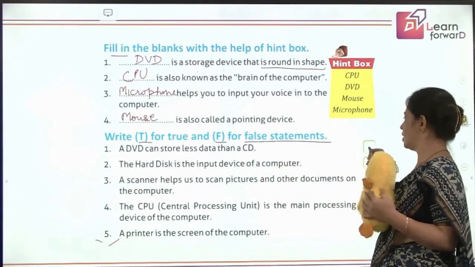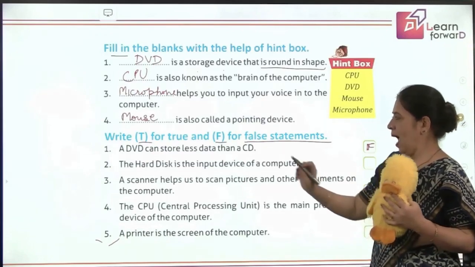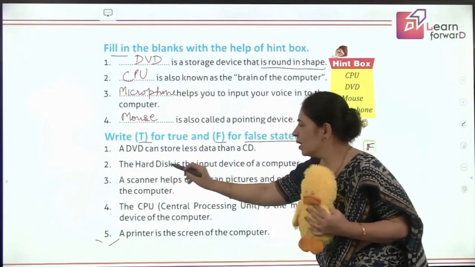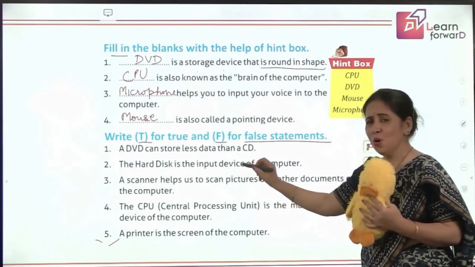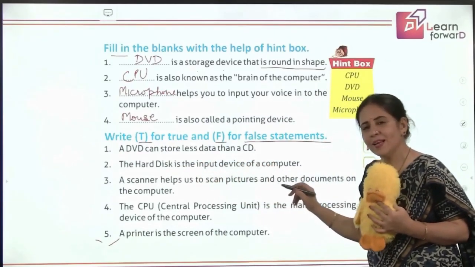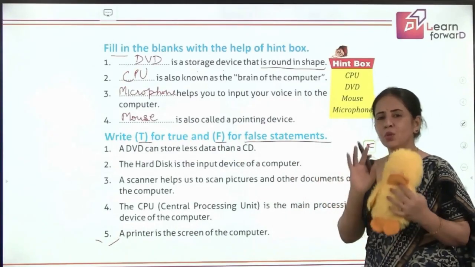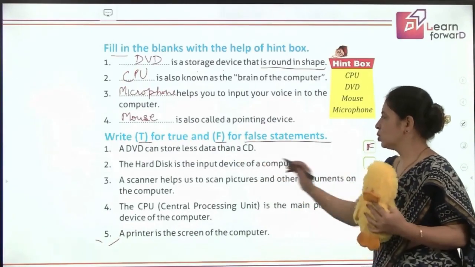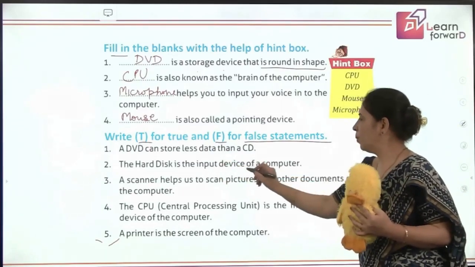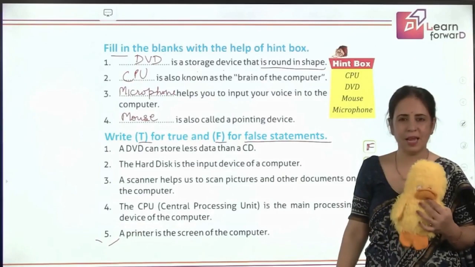So this is a false statement. And hard disk is the input device. No. Hard disk is not an input device. What is it? Yes, it is a storage unit. It's a storage device. So hard disk is the input device of a computer is again a false statement.